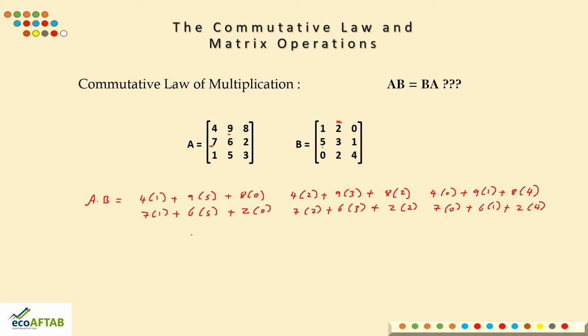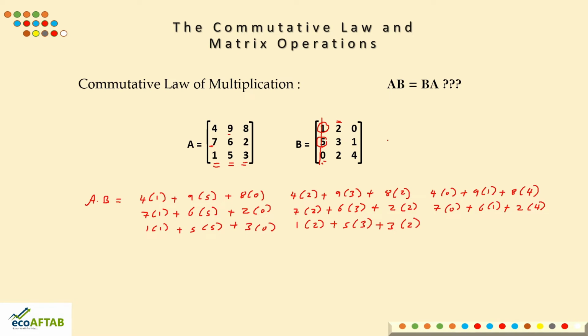Now coming to the third row, 1 multiplied by 1, so this one multiplied by this one, 5 multiplied by 5 plus 3 multiplied by 0. So we are done with the first column of matrix B. Now 1 multiplied by 2 plus 5 multiplied by 3 plus 3 multiplied by 2.